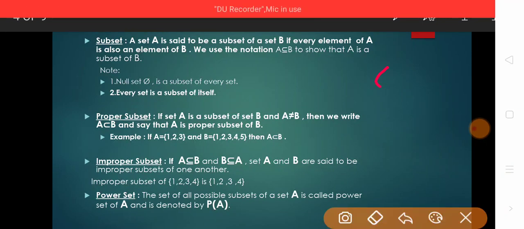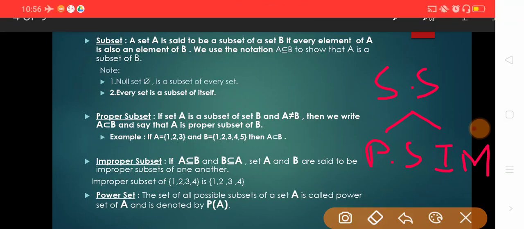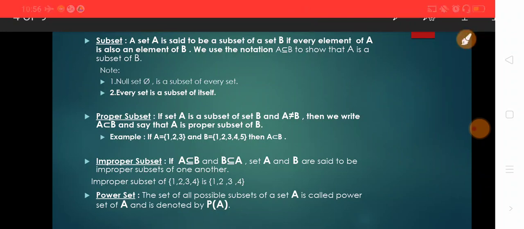First subset is there, then subset is divided into proper subset and improper subset, and then we have the power set. Power set is the set in which all the possible subsets of any set are there. Okay. Now coming to the next.